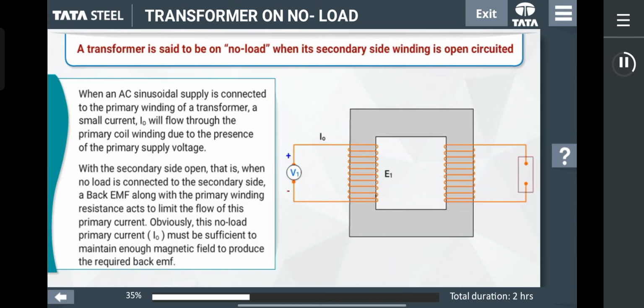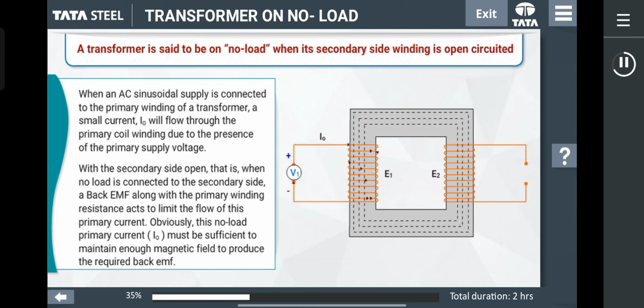With the secondary side open, that is, when no load is connected to the secondary side, a back EMF along with the primary winding resistance acts to limit the flow of this primary current. Obviously, this no-load primary current I0 must be sufficient to maintain enough magnetic field to produce the required back EMF.